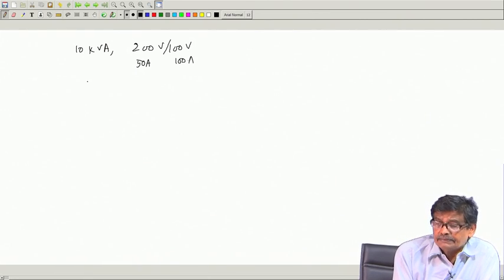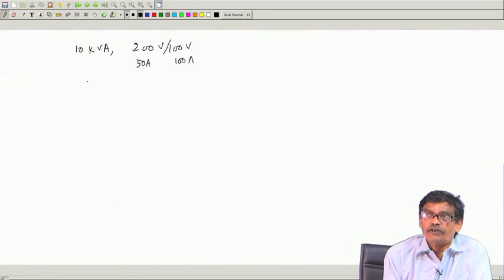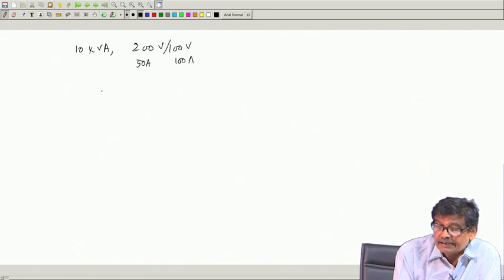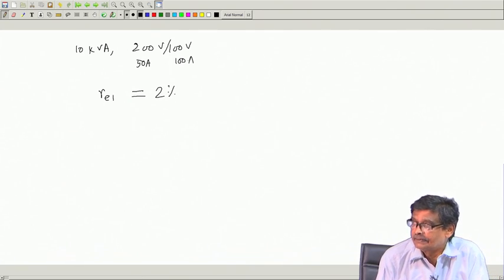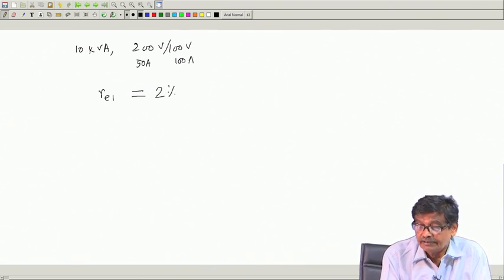If, instead of giving you the value of R e 1, I say R e 1 is equal to 2%, what does that mean? It means per unit resistance percentage.